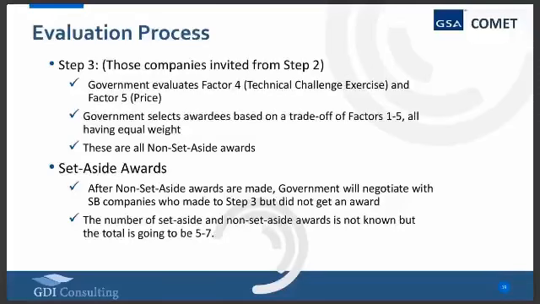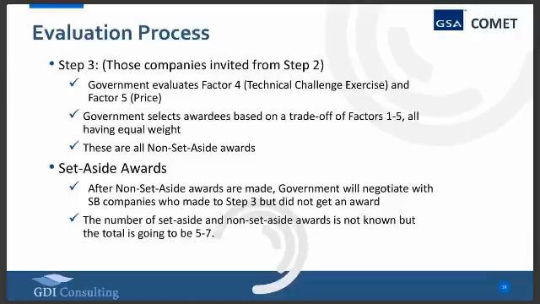If there are no small businesses that have made it to step 3, that's it, finished. But if there are some small businesses who have made it to step 3 but have not been awarded, here they start communication with them, they start negotiating with them, and they might select some of them. So this is the set-aside part.